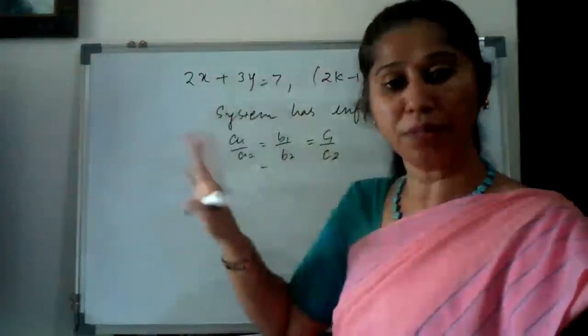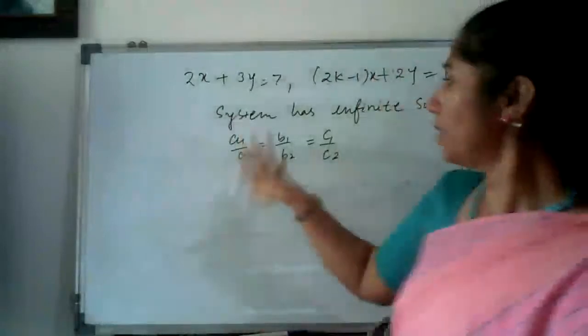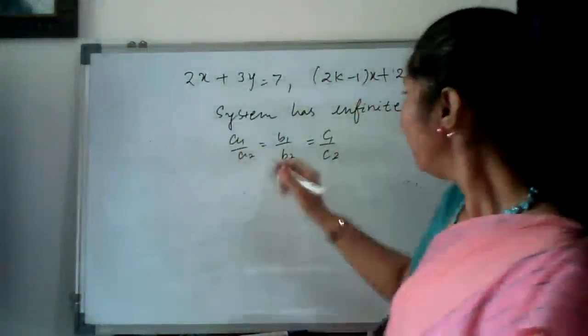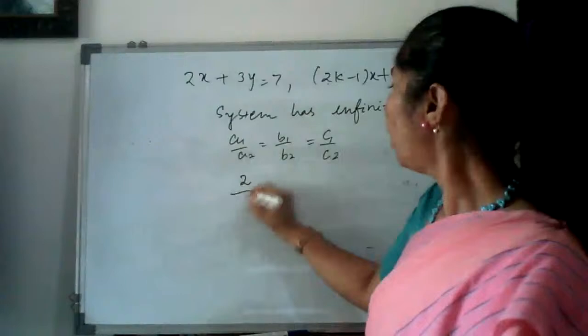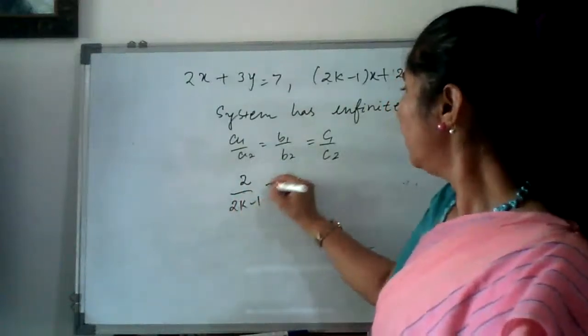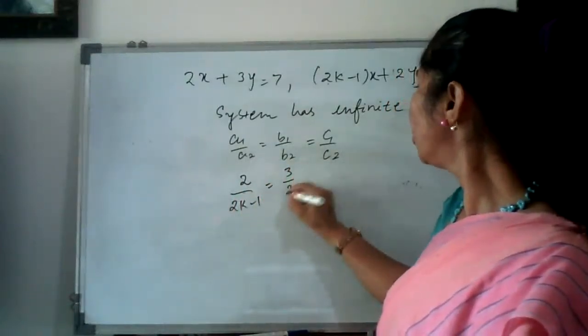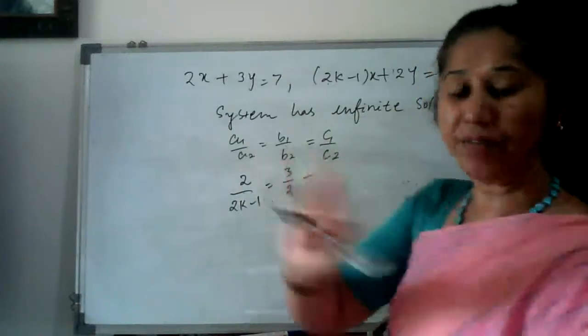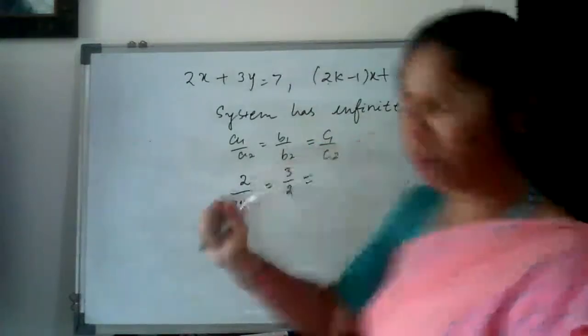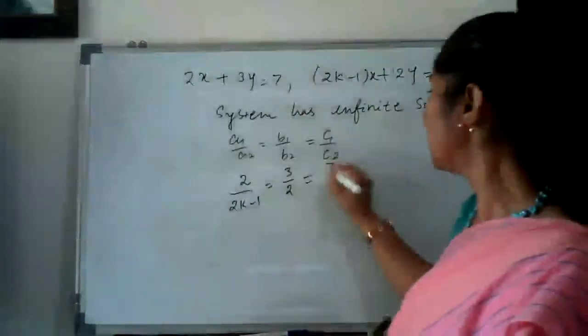I'm just taking an approximate question. It may not be perfect in conditions, but I'll tell you how it works. So a1 upon a2 is 2 upon 2k minus 1. b1 upon b2 is 3 upon 2. I've just taken it roughly, so it may not perfectly satisfy the condition. Just let's take it as the example.